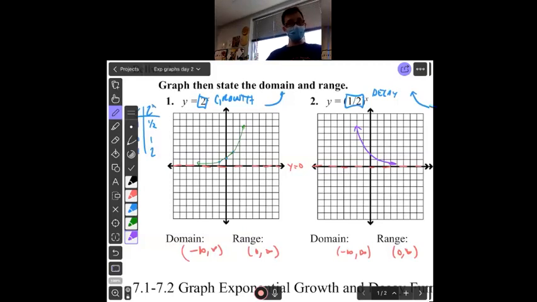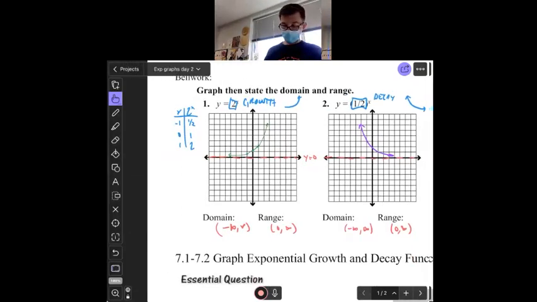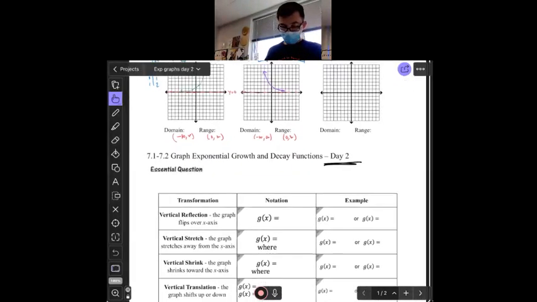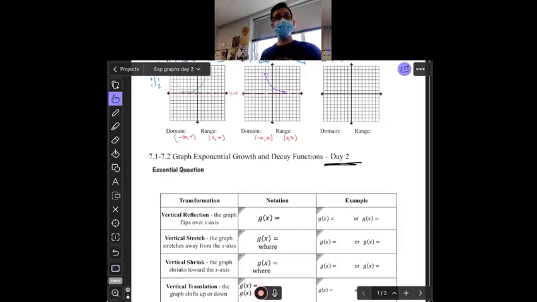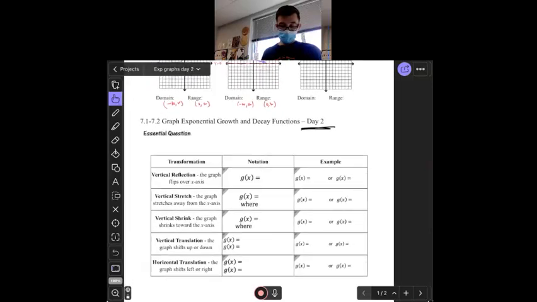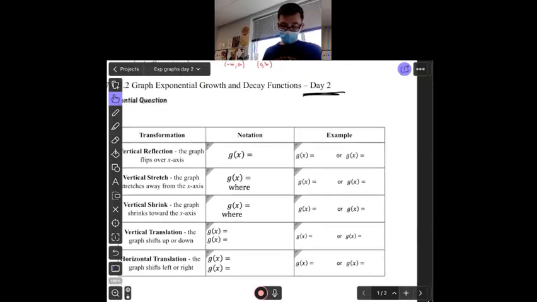Growth versus decay. Up and to the right, down and to the right. But a lot of similarities otherwise. So we're going to look at those transformations. Okay. You guys have done all of this multiple times. So now this shouldn't be too big of a deal.